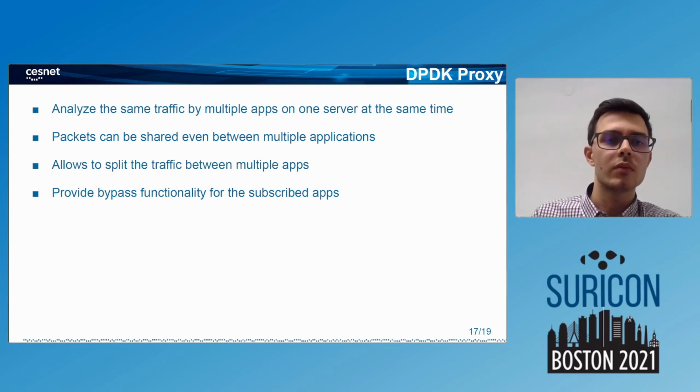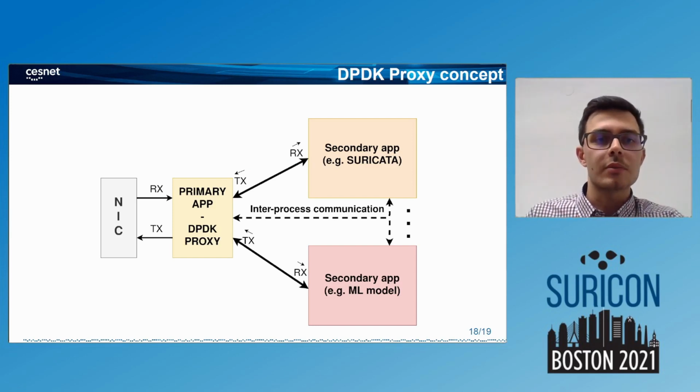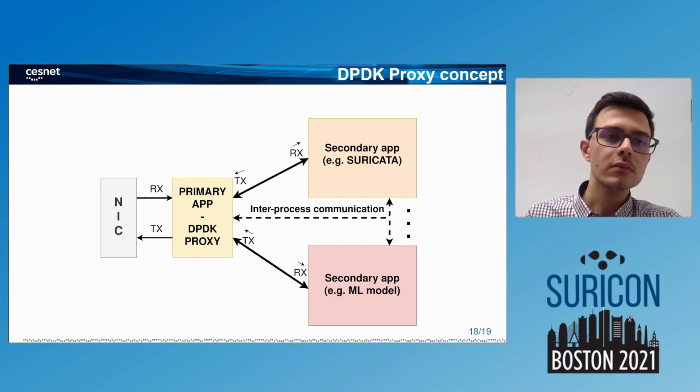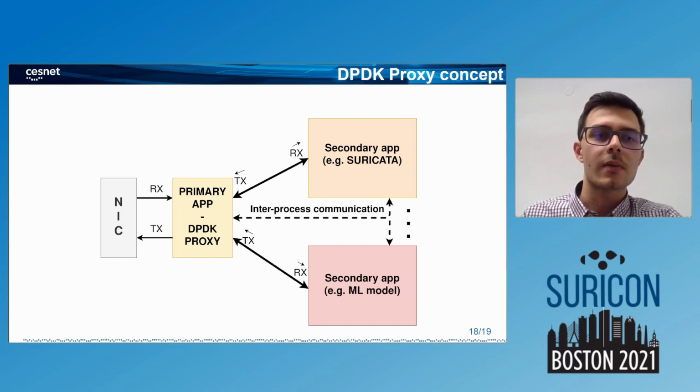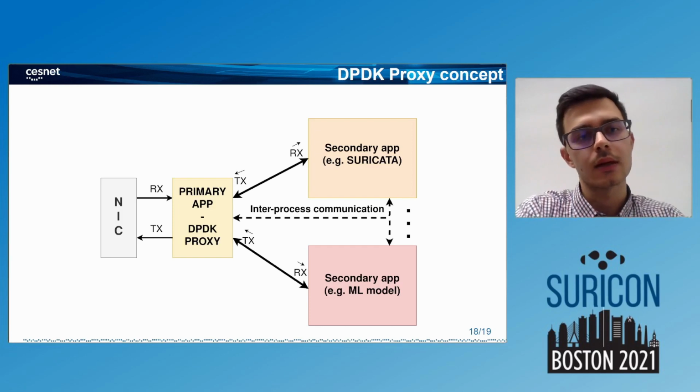Now we can look at the diagram. These apps can be, as mentioned, side by side and connected to the DPDK proxy. The DPDK proxy then receives packets from the NIC and distributes these packets to the applications. What's important to note is that it can classify the traffic.